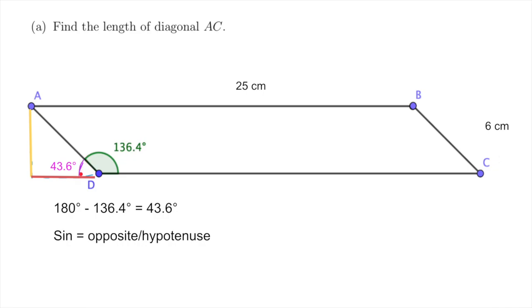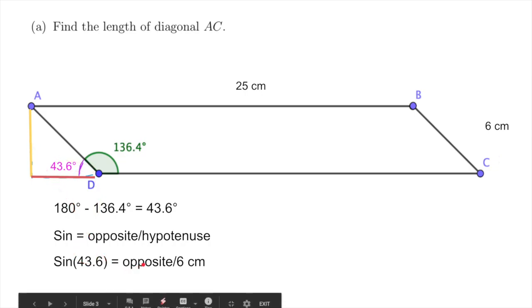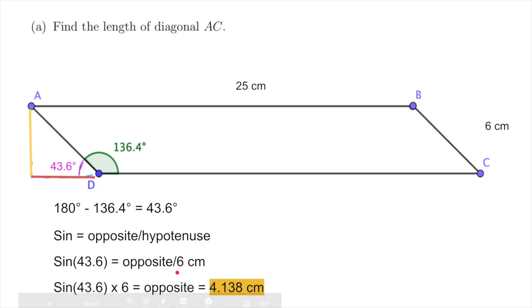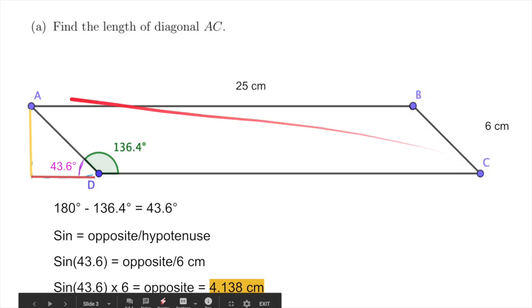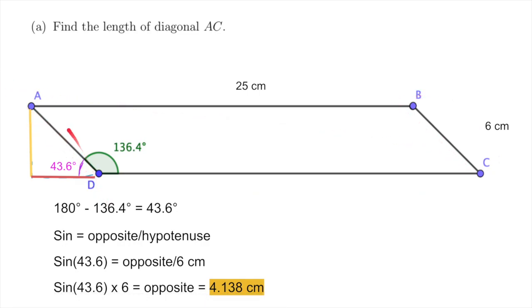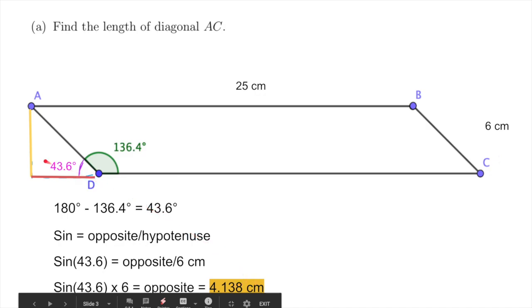So we can use this angle to find out this length. And we do that by taking the sine of this angle, 43.6 degrees, and then multiplying it by 6 centimeters, which is the same as this over here. It's going to be 6 centimeters, this hypotenuse right here. And through that process, we get that this yellow length is 4.138 centimeters.